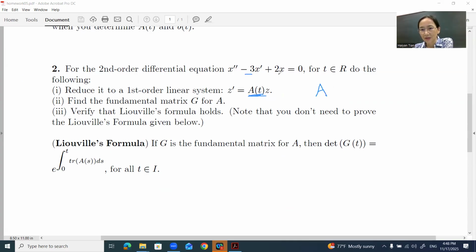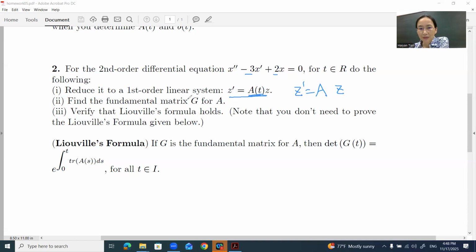Because we have constant coefficients. So after you reduce to the first order system, and A is also a constant, A does not depend on t, which can simplify the matter.